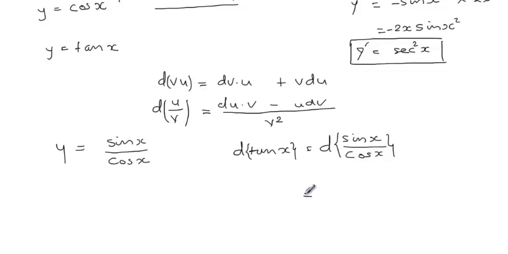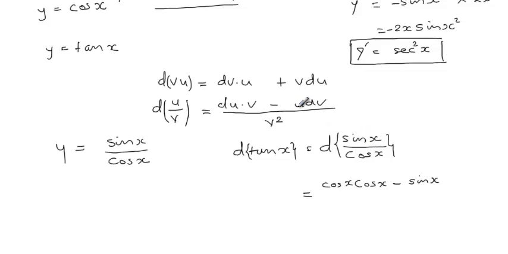What is this? Applying the quotient rule, I will need the derivative of sine. What's the derivative of sine? So that's cos x multiplied by the denominator, which is cos. So cos x times cos x minus the derivative of the denominator multiplied by the sine x, in this case the numerator.